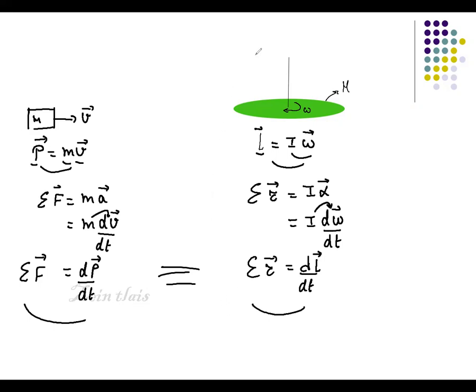Okay, now let's talk about the conservation of angular momentum. Here, in the case of an isolated system, the summation of F external applied on the object, which is equal to dp divided by dt, equals 0.